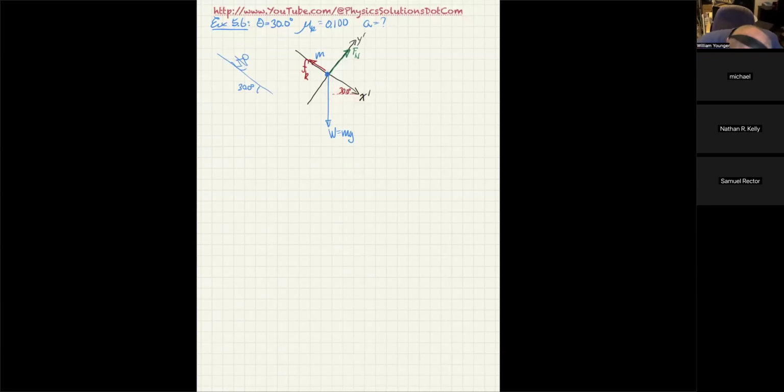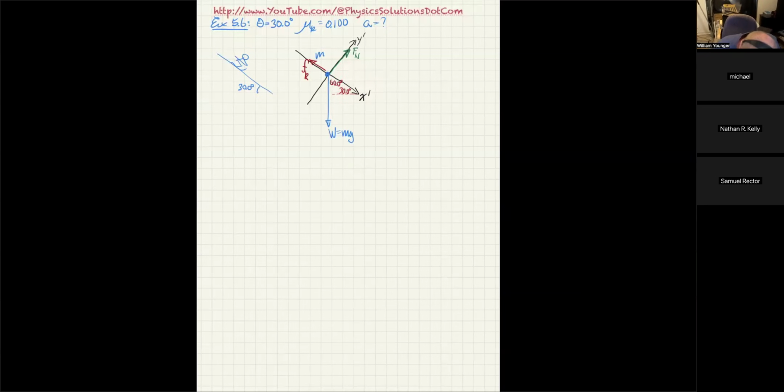We've already accounted for 30 for this angle, and 90 for this angle. 30 plus 90 is 120, so that leaves an angle of 60 degrees up here. So this angle is 90 degrees minus 30 degrees, which is 60 degrees.